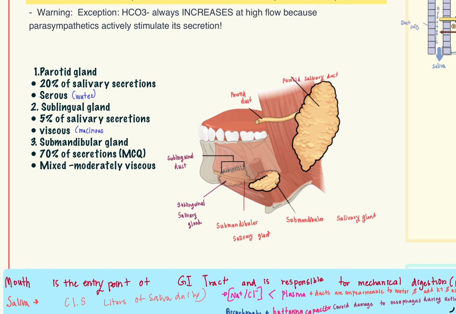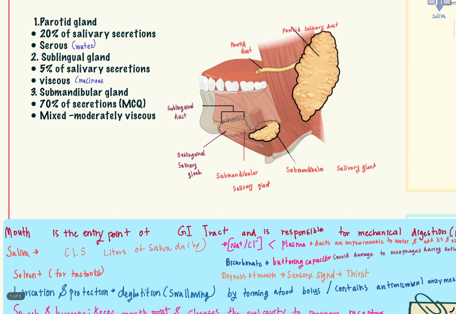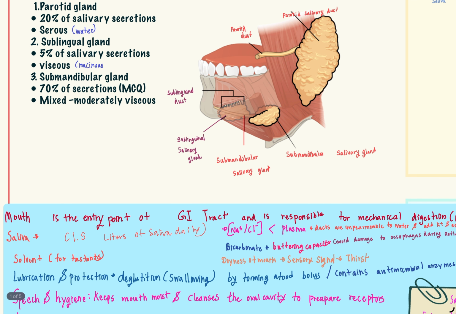Sublingual secretes about 5%, while submandibular secretes about 7%. So the submandibular is in between serous and viscous.